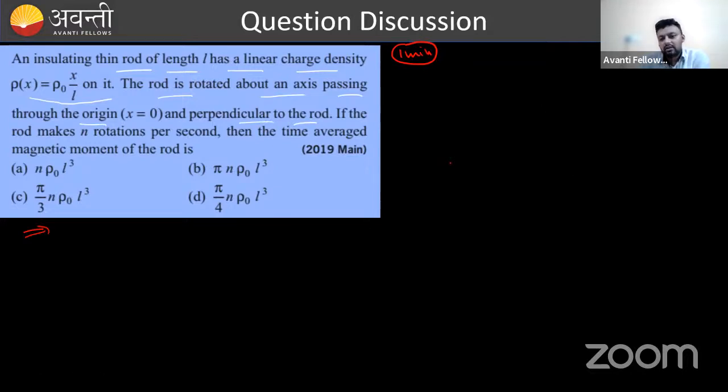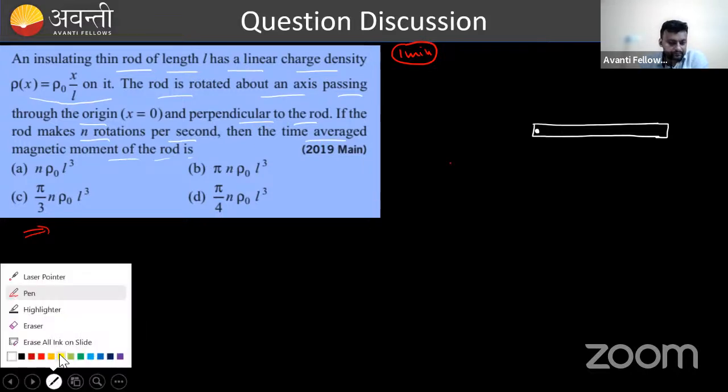Okay, so first of all, just draw the rod. Let's suppose this is the rod. And about the axis passing through the origin or the center, this rod is being rotated. This is the axis, perpendicular into the plane. If the rod makes n rotations per second, then the time averaged magnetic moment of the rod is.